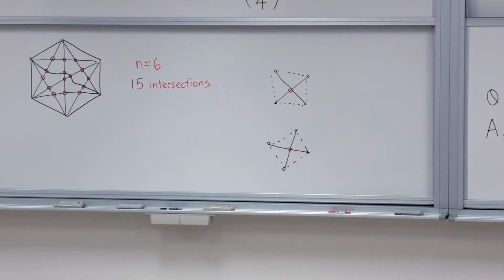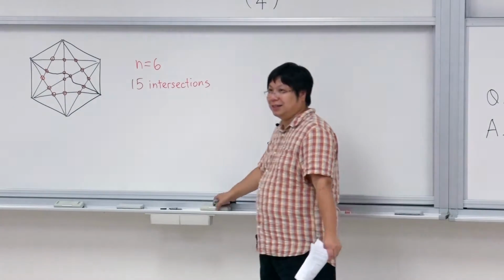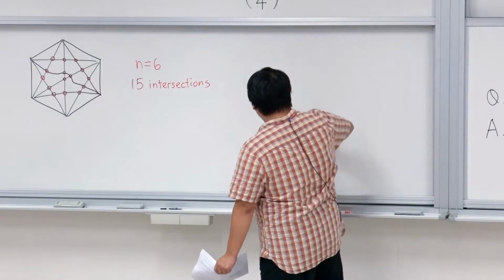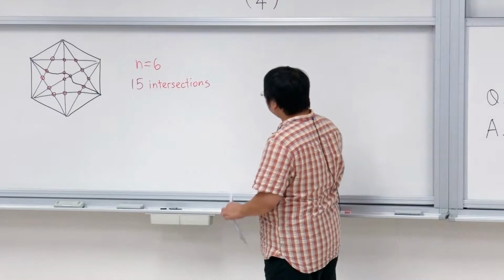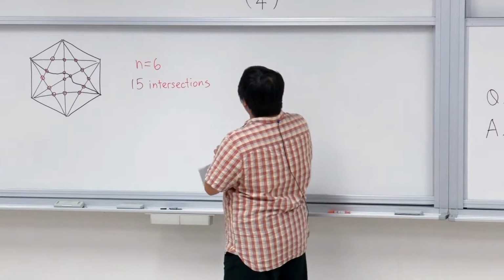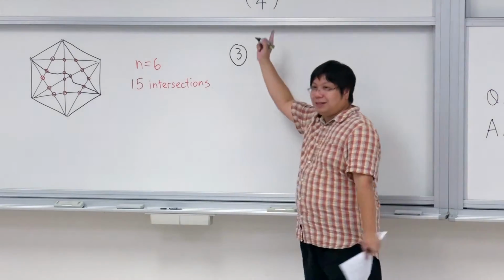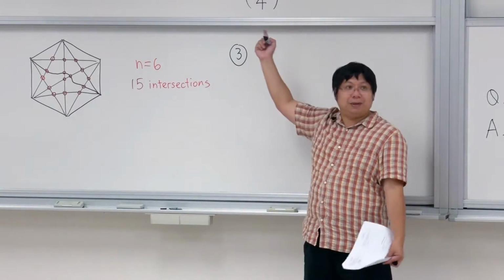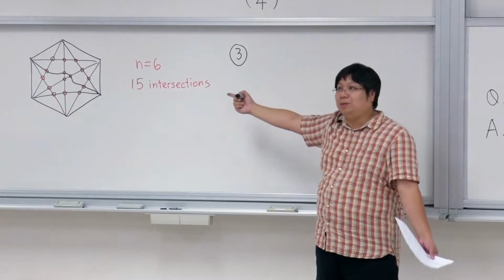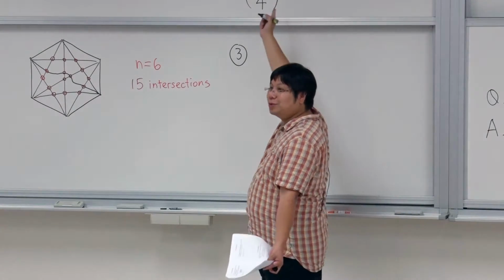Okay, the third question. This is related. But amazing, right? Even this kind of problem is a combinatorial problem. We are doing n choose 4, n choose 2.